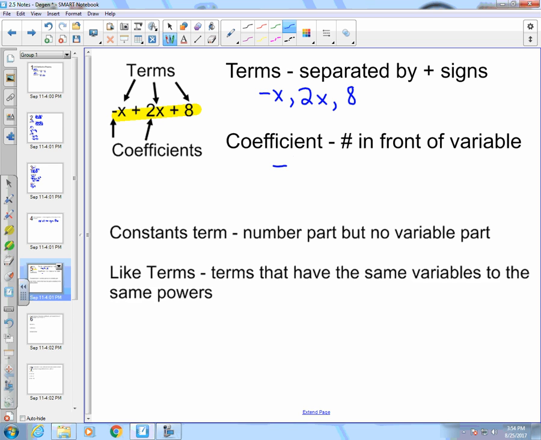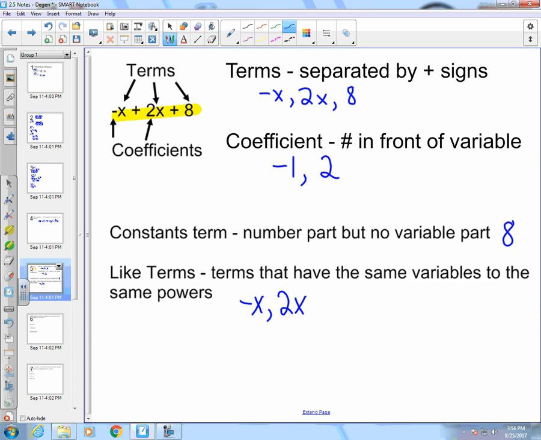So the coefficient is a negative 1, which is in front of the x, and a 2, which is in front of the other x. Constant terms are number parts that have no variable part. And in this particular problem, that is our 8. Like terms are terms that have the same variable to the same power. Our like terms are negative x and 2x.